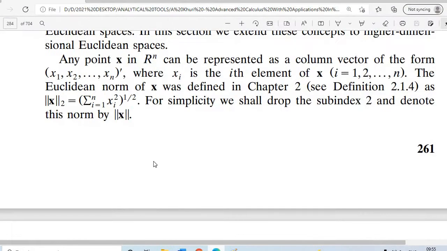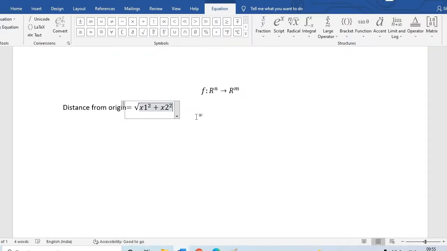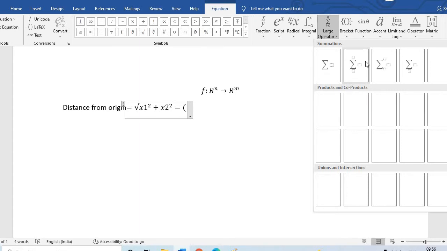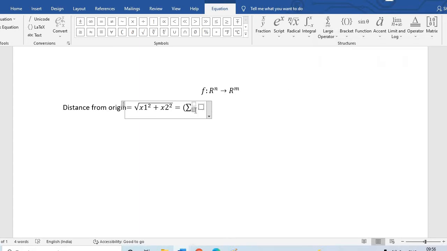So in general, if there are n dimensions, you can write this one like this. This is equal to the square root of the summation over i from 1 to n, raised to, right.